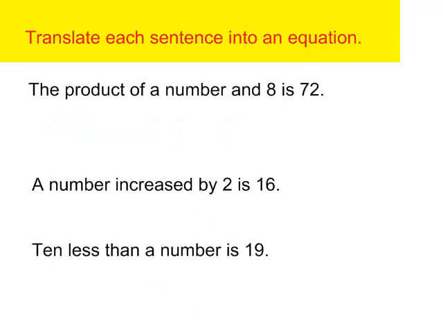Okay, now we are going to work with sentences and translate them into equations. Equations have equal marks. The product of a number and 8 is 72. Now, whenever I see that word is, that's a clue that that is where the equal mark should go.